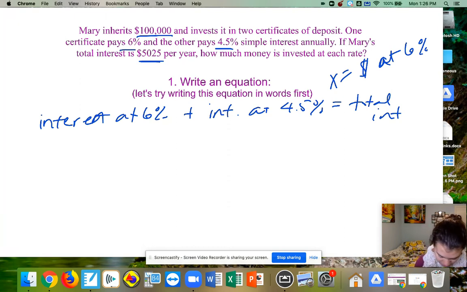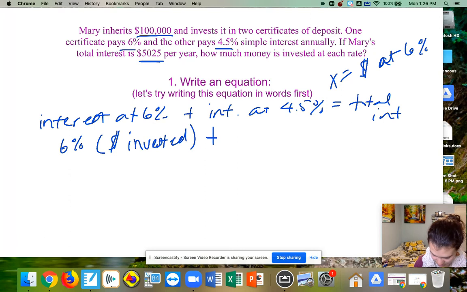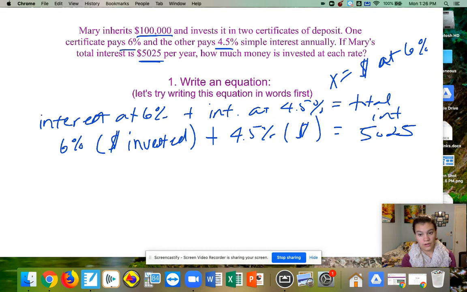So this is going to be the interest rate, so at 6% times money invested, plus the same here. Your interest rate times the money invested is going to give you your total interest, which is $5,025 for this.